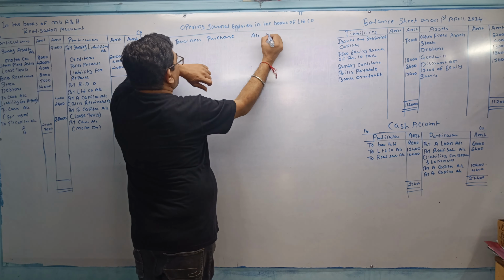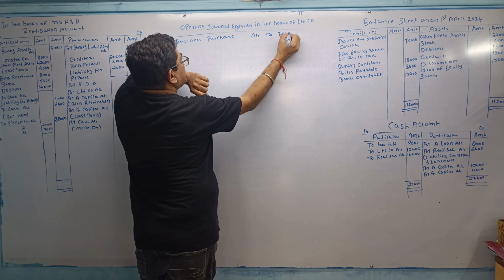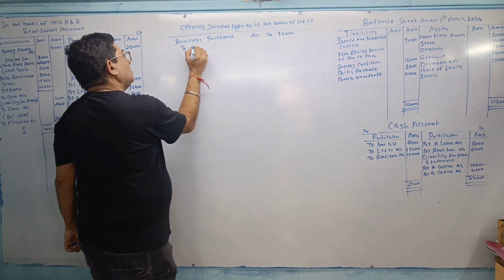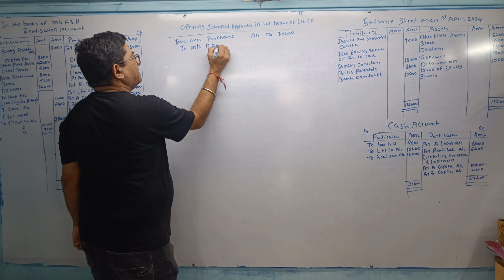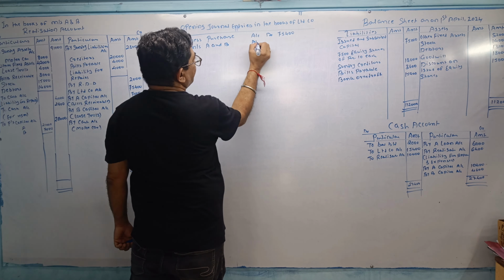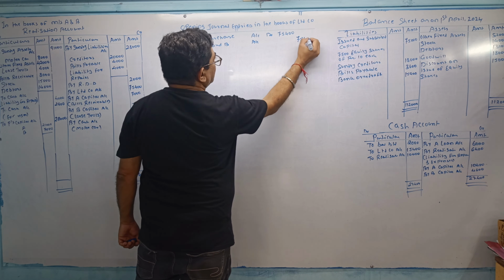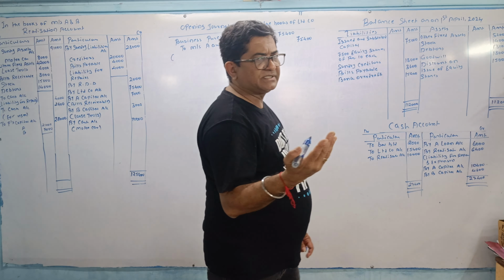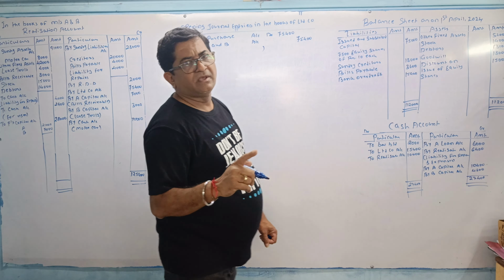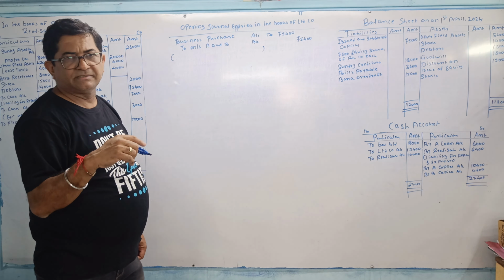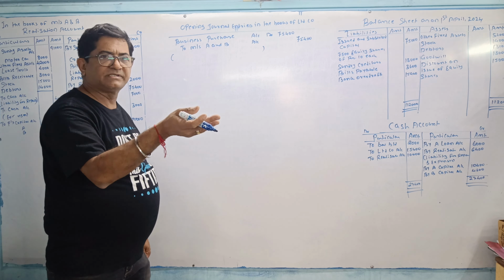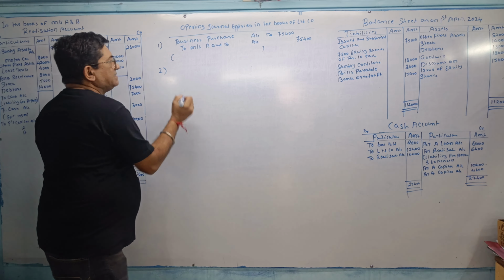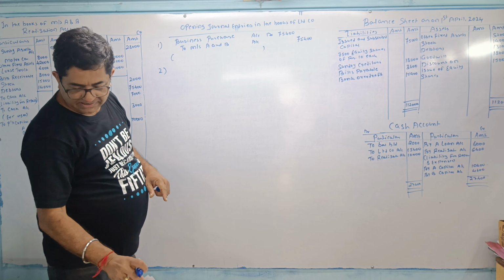Purchase account debit 75,400 to Messrs. A and B account 75,400. तीन ही एंट्री है. फर्स्ट एंट्री बिजनेस परचेज, सेकेंड एंट्री assets and liabilities, and third entry how purchase consideration is paid. सेकेंड एंट्री assets and liabilities taken over.